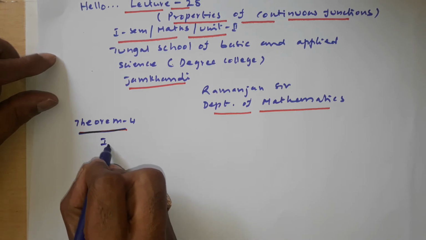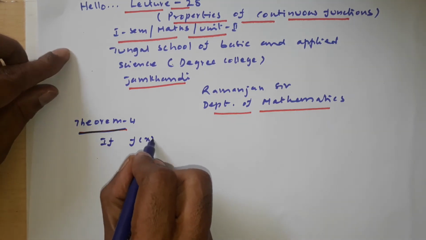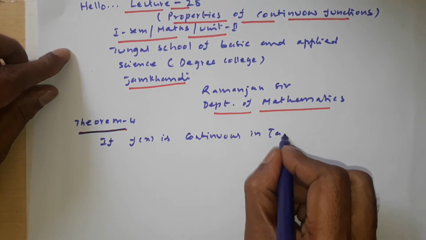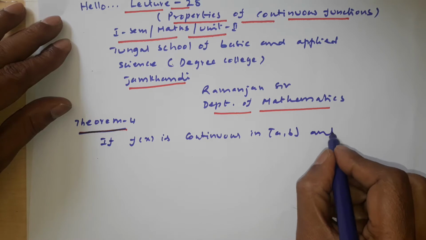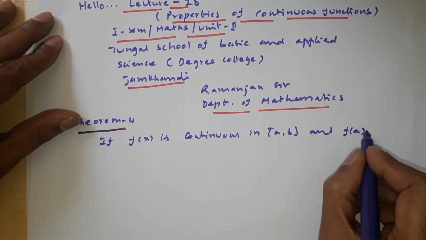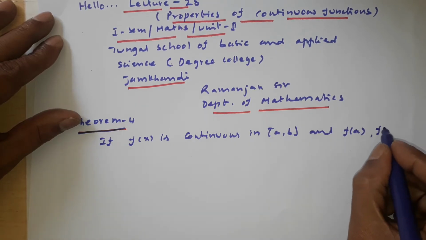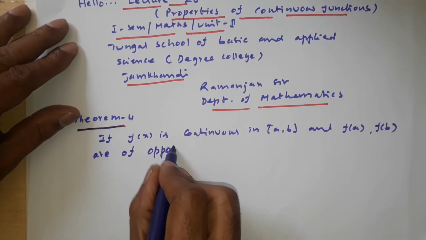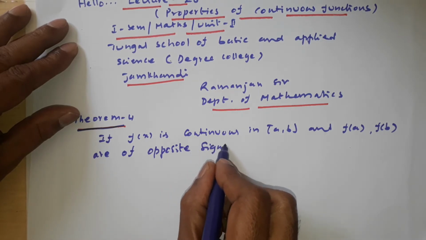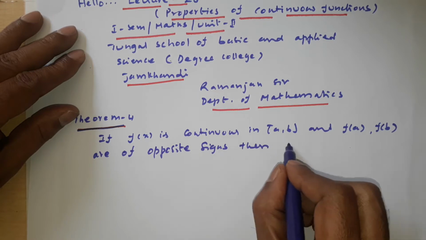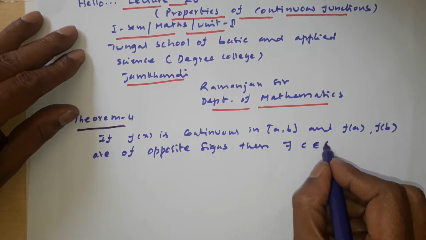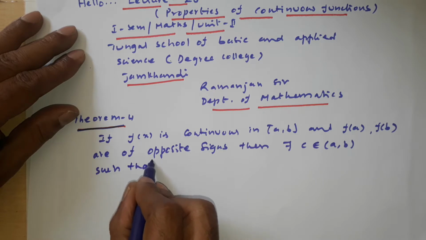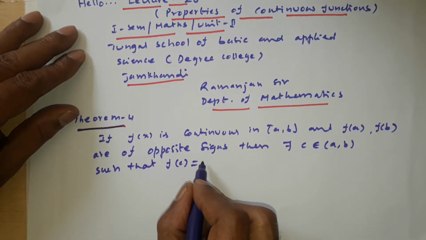If f of x is continuous in closed interval a comma b and f of a, comma f of b are of opposite signs, then there exists c belongs to open interval a comma b such that f of c is equal to 0.